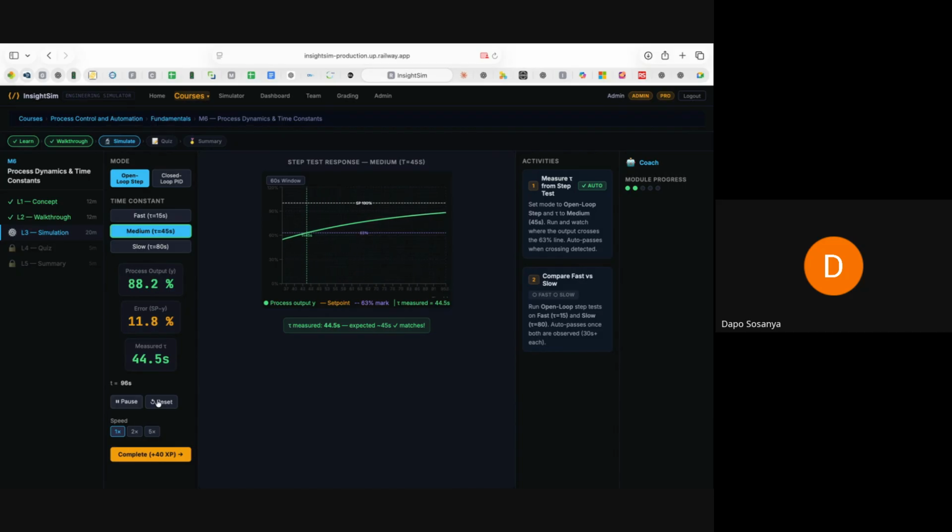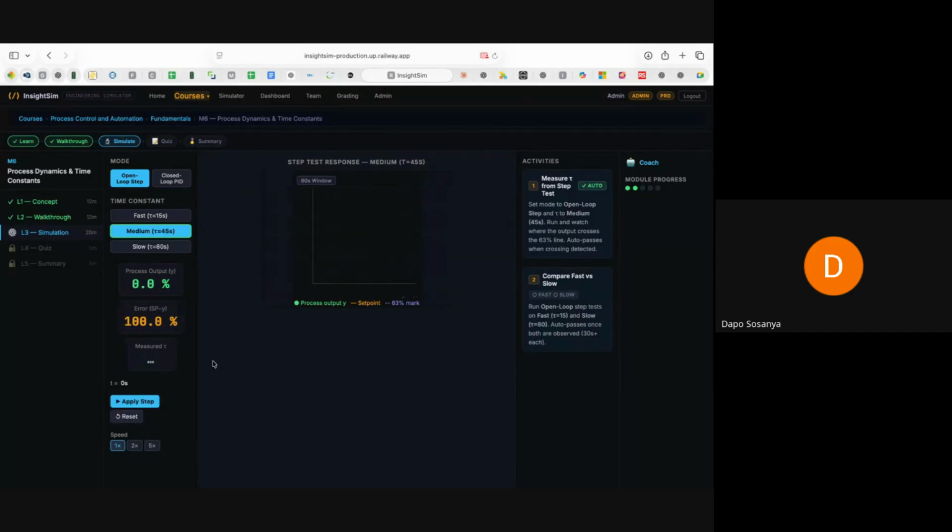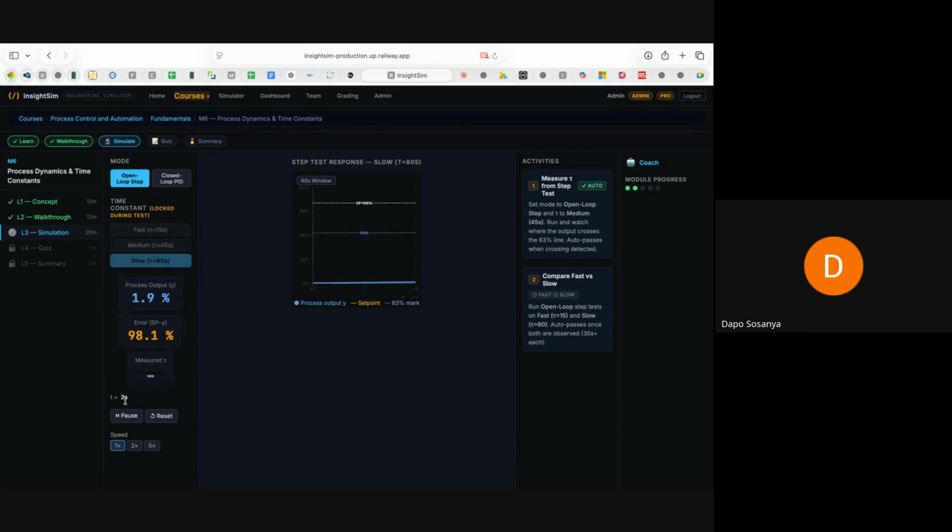You can see the expected is at 46. Oh, apologies, guys. Reset. Let's move a bit faster. So let's look at the slope. Apply.